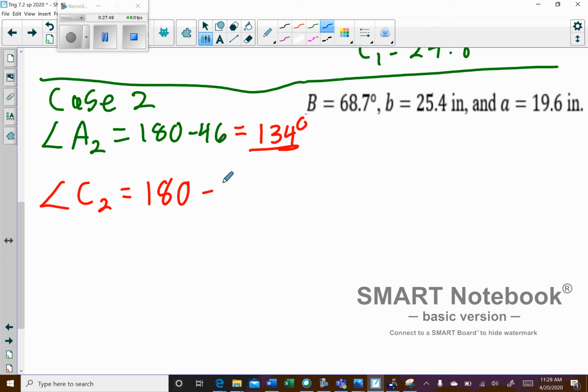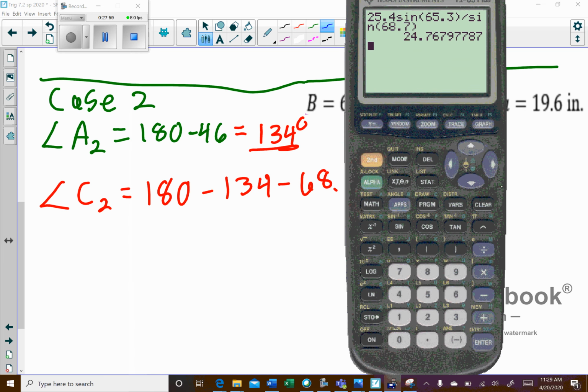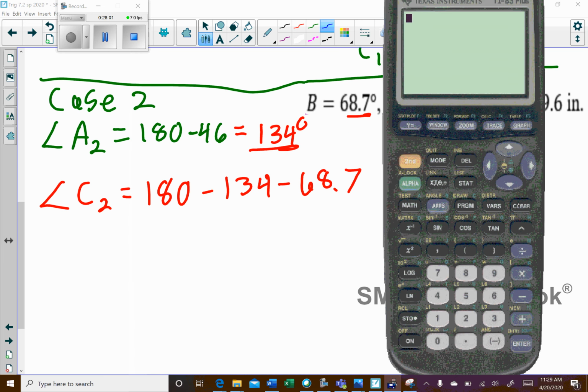We know 134, and then we know that angle B, which never changes, was 68.7. So let's stick this in the calculator, and what you're going to see is it's not going to work. 180 minus 134 minus 68.7. The problem here is that our angle C would have to be negative to meet the conditions, and so that's not possible.